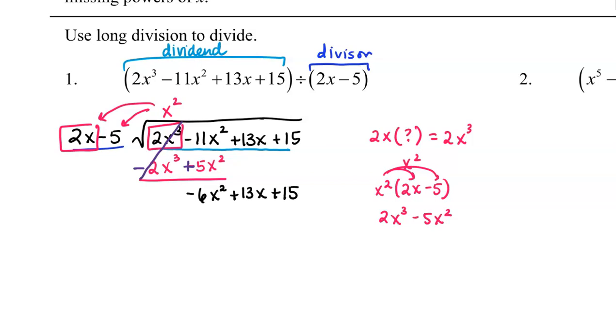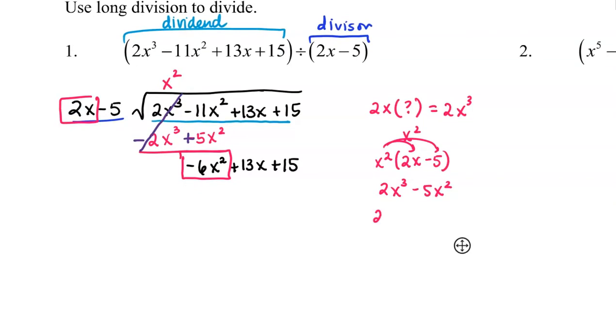And now the process continues where we again are still looking at the same leading term that's on the outside, and now the new leading term that's under the division. The leading term on the outside is just the 2x. So now we ask ourselves, what do we multiply 2x by in order to get negative 6x squared?